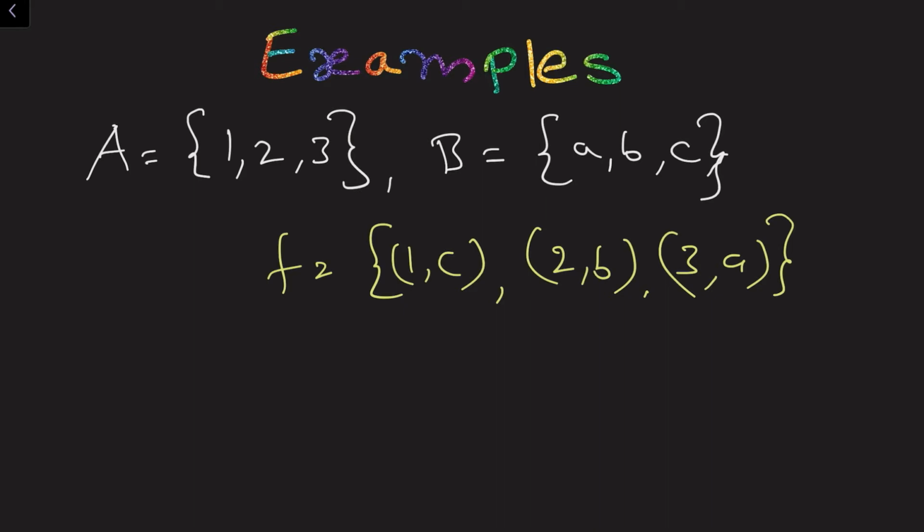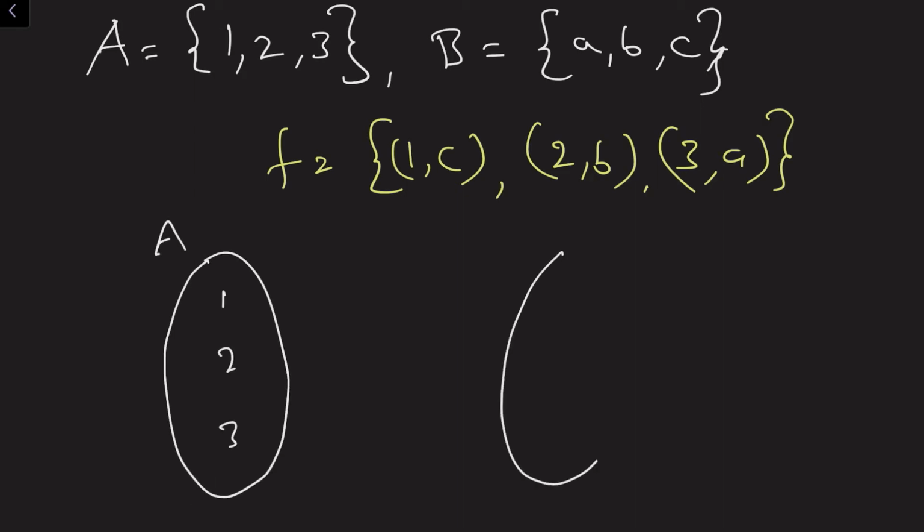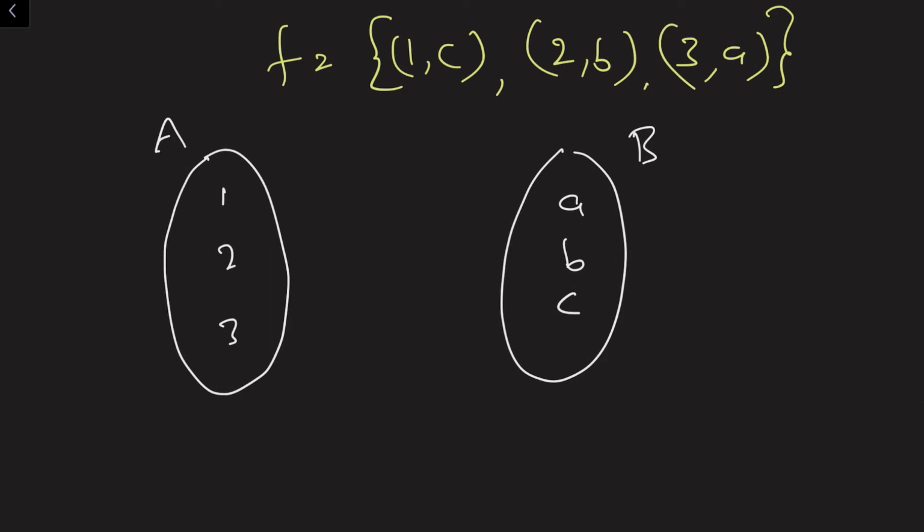Let us confirm whether it is a bijection or not. In the set A we have 1, 2, 3 and in the set B we have a, b, c. The function is defined as 1 comma c, 2 comma b, 3 comma a.